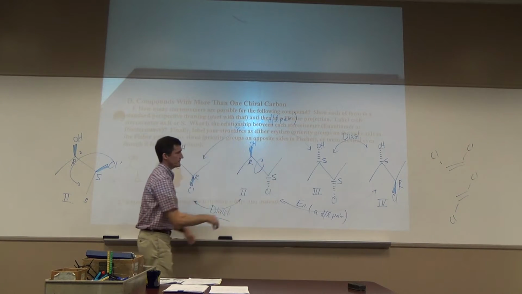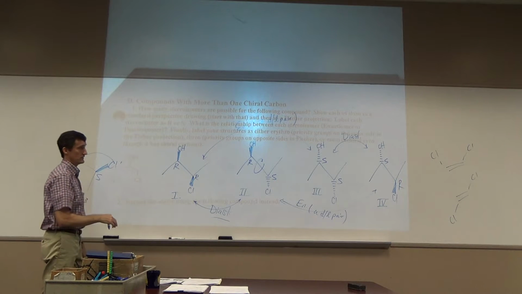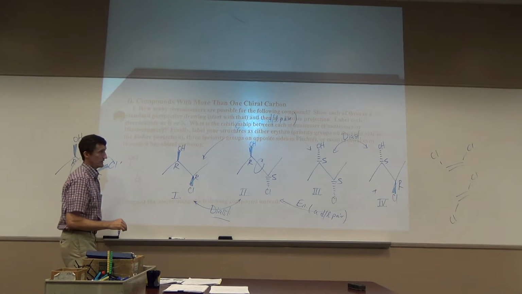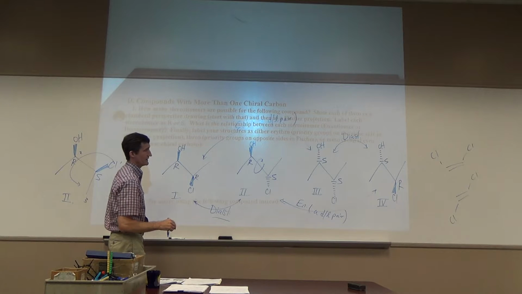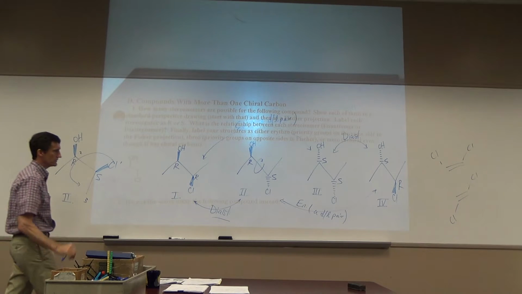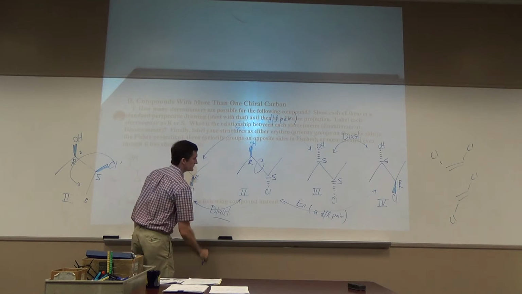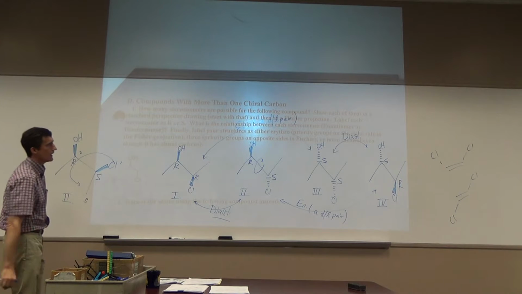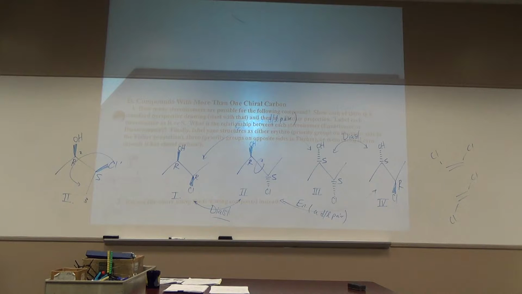But that set of diastereomers, I don't know if you can really call it a set, but we've already talked about it. Diastereomers have different properties. Anything else to discuss here? Any questions about here? We're going to draw Fischer projections now.